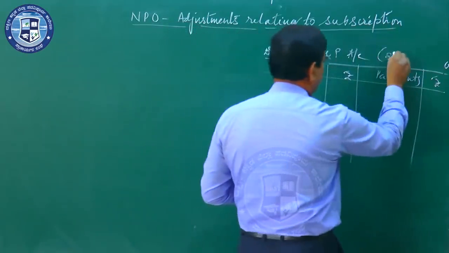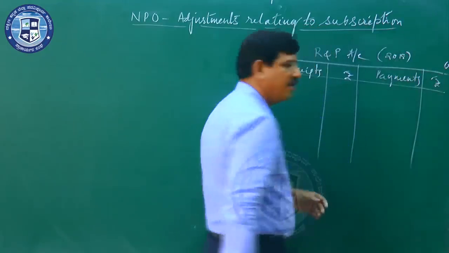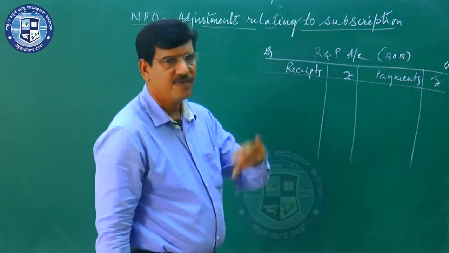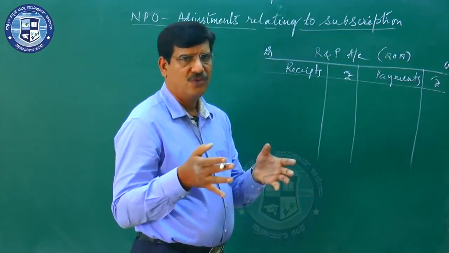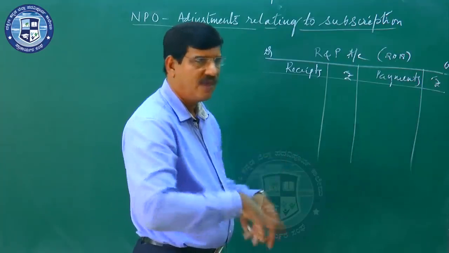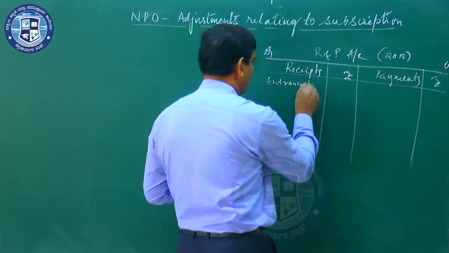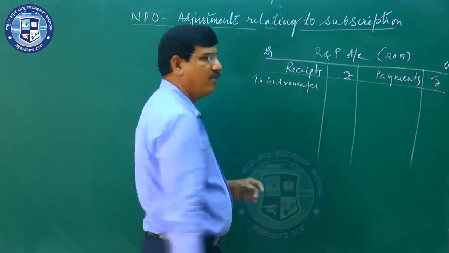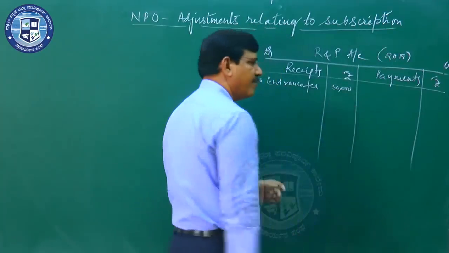Let us assume that this receipts and payments account is for the year ending 31st March 2018. So when you start a new not-for-profit organization, the members may give you the entrance fees. So I'll take entrance fee as some 50,000 rupees.